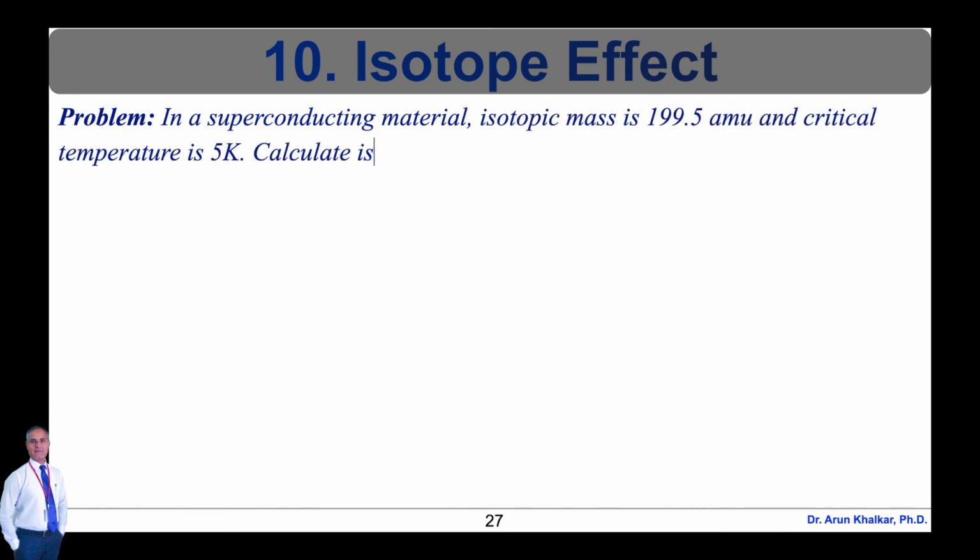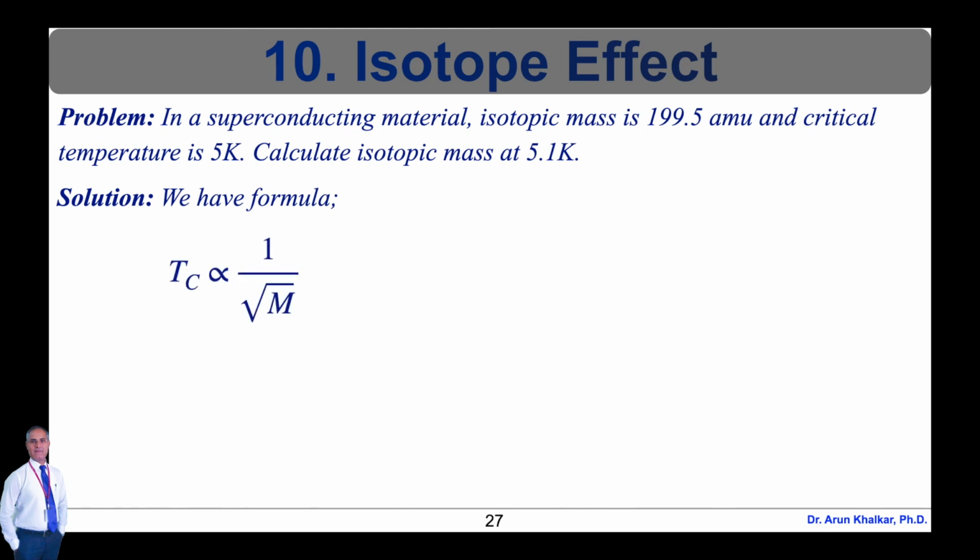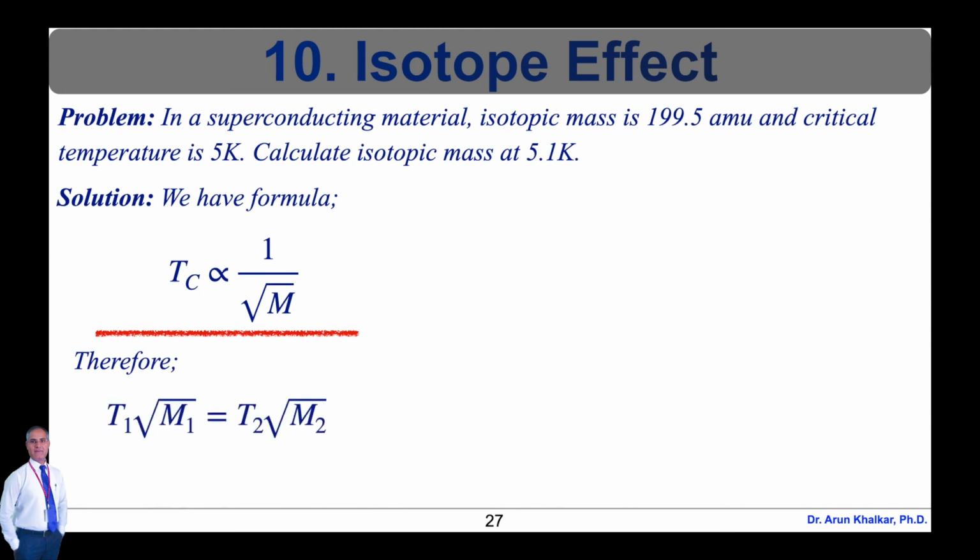Now let's see one problem which is based on the isotope effect. In a superconducting material, the isotopic mass is 199.5 AMU and the critical temperature is 5 Kelvin. Calculate the isotopic mass at 5.1 Kelvin. The solution of this problem is as follows. We have the formula Tc is directly proportional to 1 upon the square root of M. Therefore, we can write T1 √M1 = T2 √M2. Rearranging this equation, we can write M2 = M1 (T1/T2)^2.